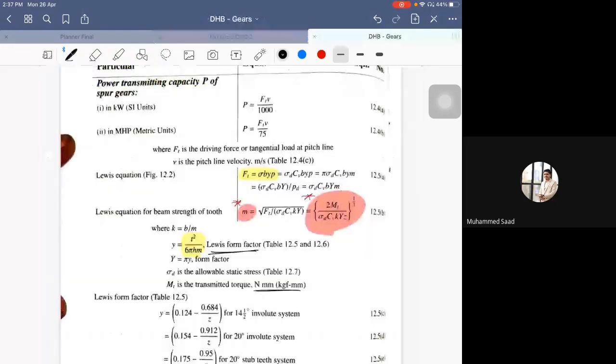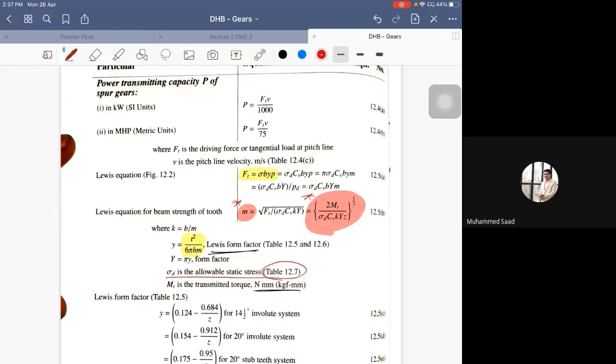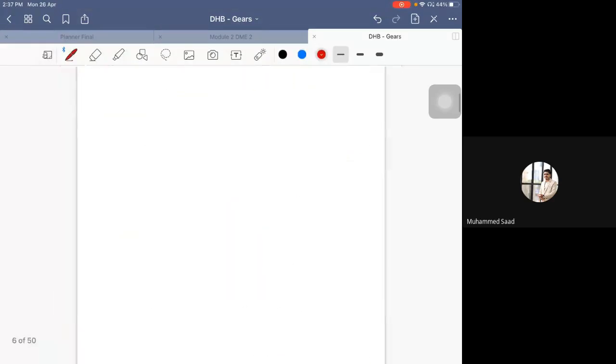Any information given in the data handbook? He says, no sir, just look here. He says sigma d is allowable static stress, table number 12.7, correct? So just go for the table number 12.7. Give me the page number.